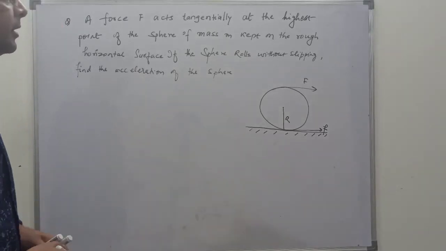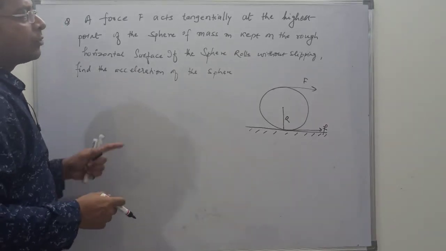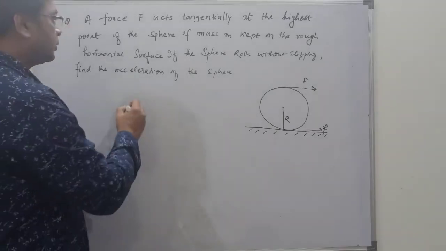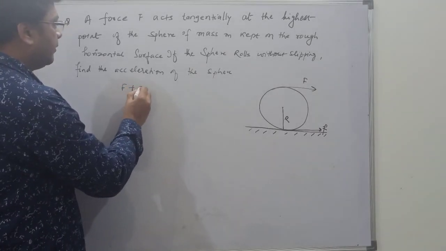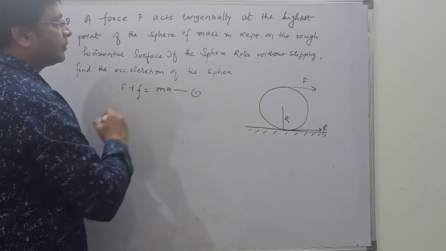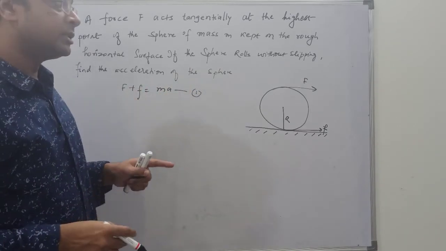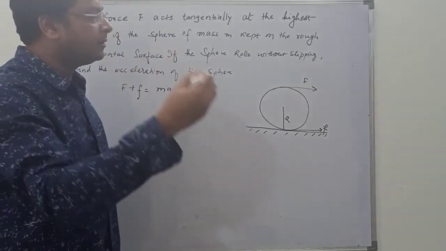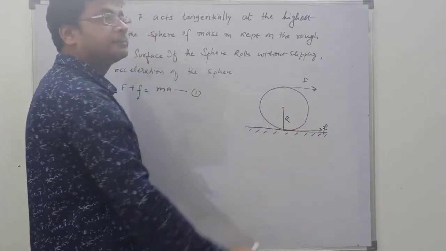So diagram is here. So there are two kinds of motion. Rolling means linear motion as well as rotational motion. So we can write F plus f is equal to mass into acceleration, equation 1. Now these two forces will also apply some torque about the center of the sphere. So we can imagine axis passing like this.